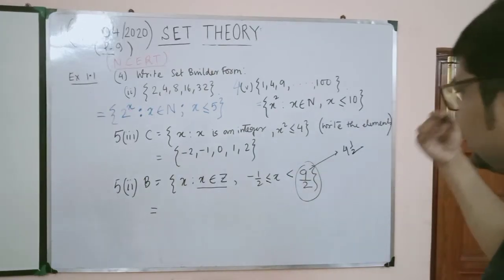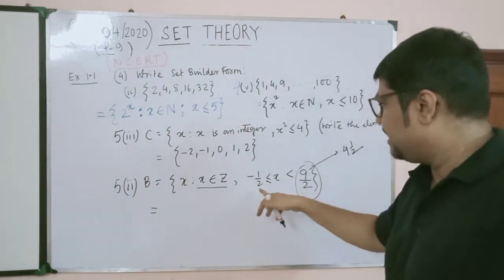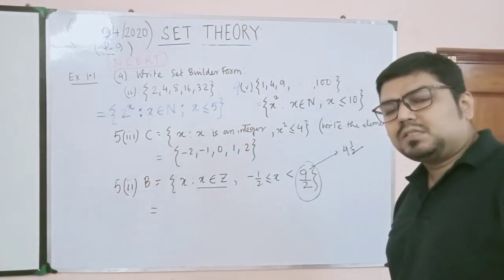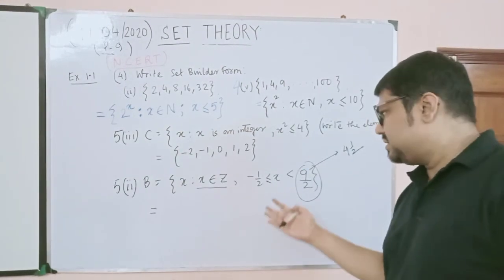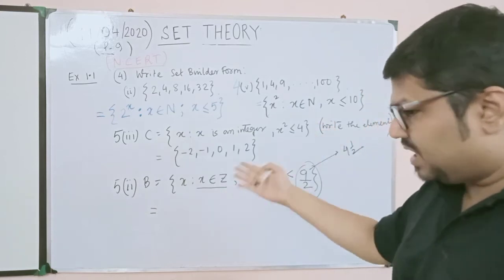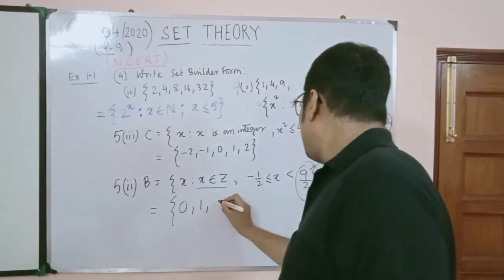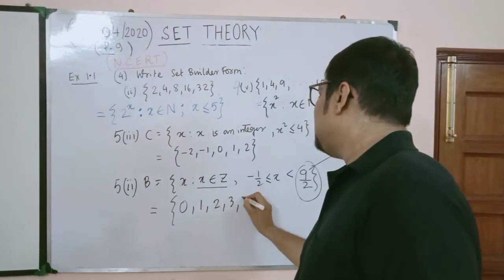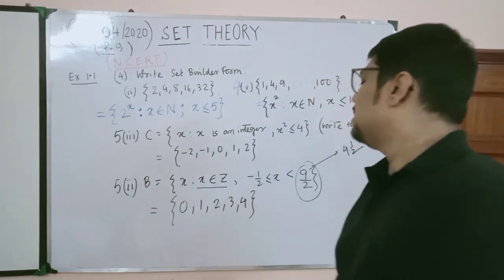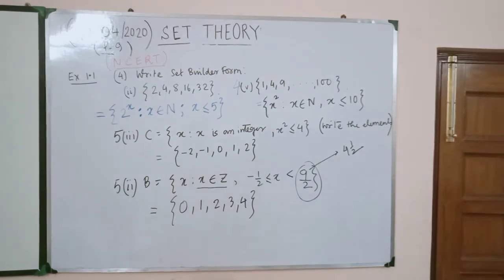So it extends up to 4. It's more than -1/2, so it starts from 0. So it will be 0, 1, 2, 3 and 4. So this is how we can convert simple set builder to roster and roster to set builder.